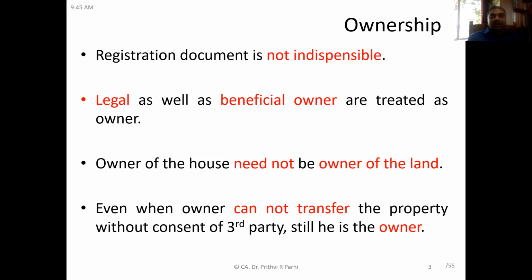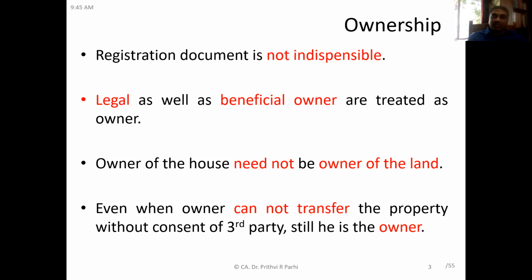Next concept here is that even if the owner cannot transfer the property without the consent of a third party, still he is the owner. Sometimes some properties are taken on lease, or constructed on leasehold land, and there might be some conditions from the authority that without our approval or without our no objection certificate, you cannot sell that property.